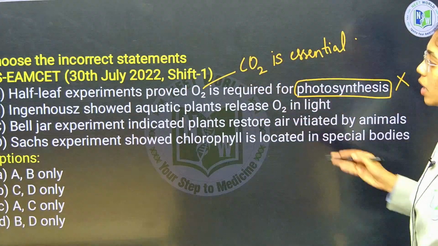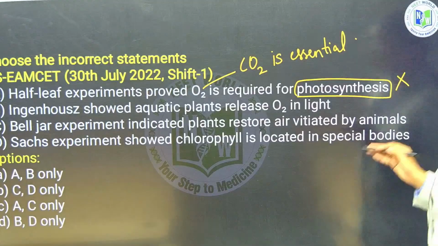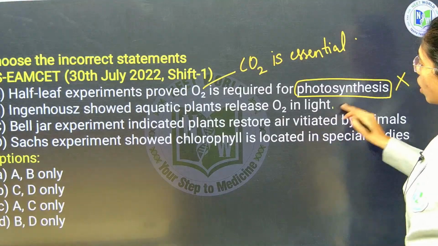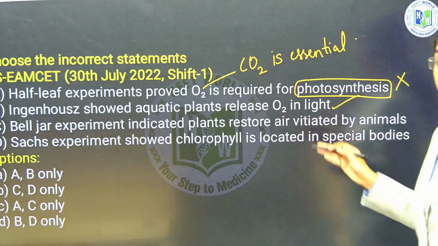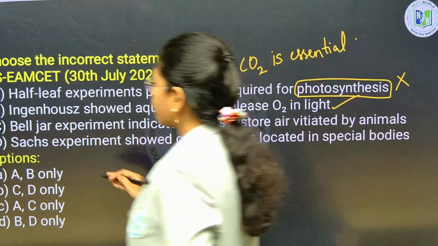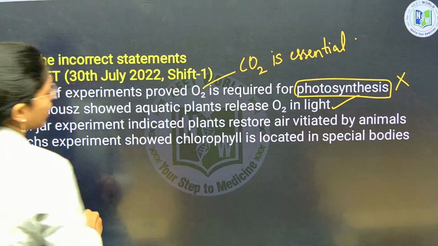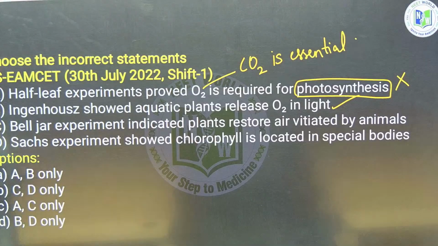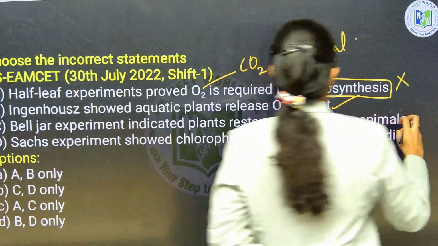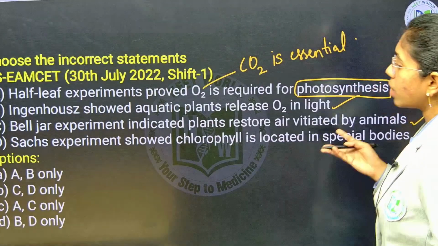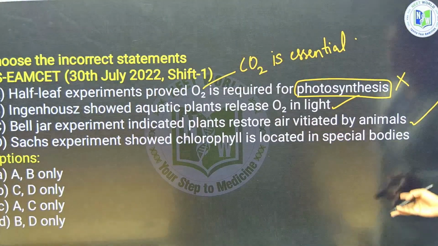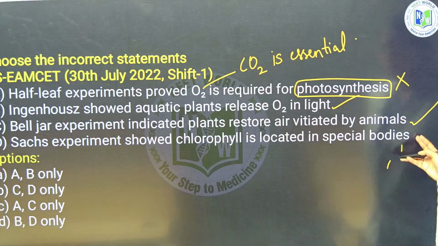Next, statement B: Engelmann showed aquatic plants release oxygen in light. True, by the Hydrilla experiment. Bell jar experiment indicated plants restore air vitiated by animals. True. Then, Sachs experiment showed chlorophyll is located in special bodies.